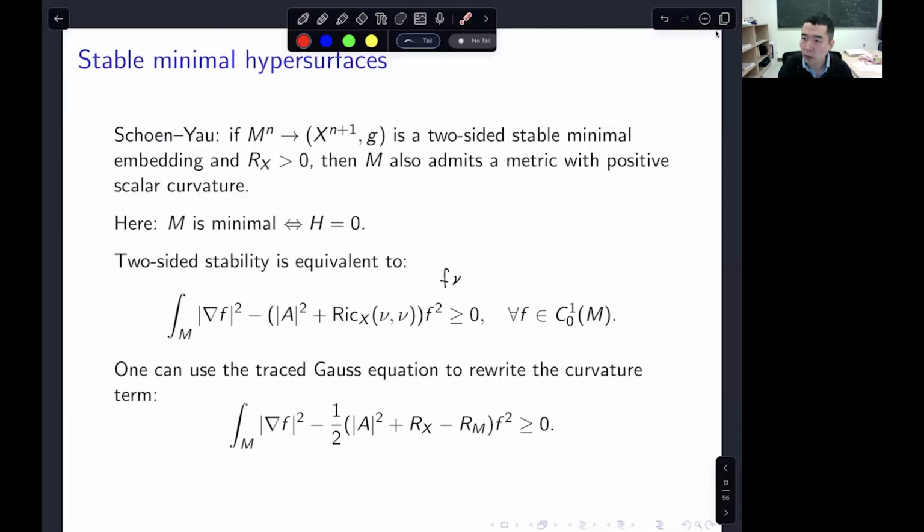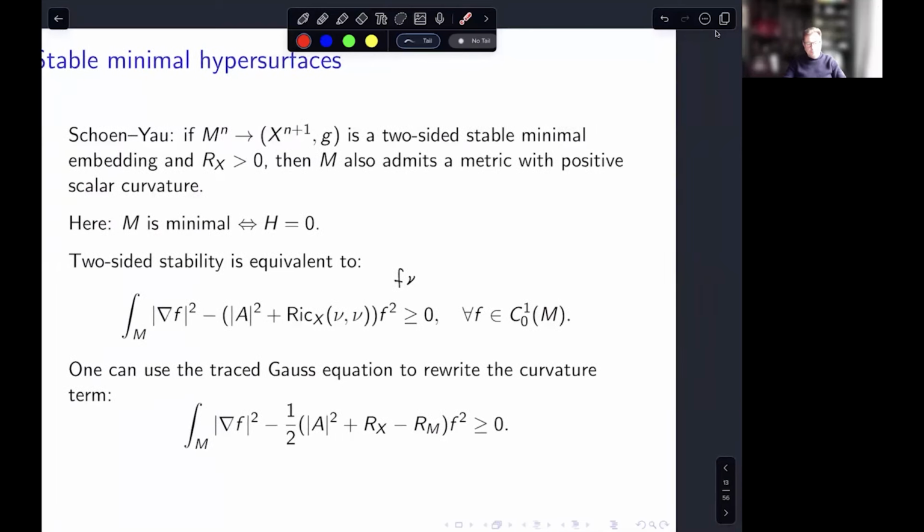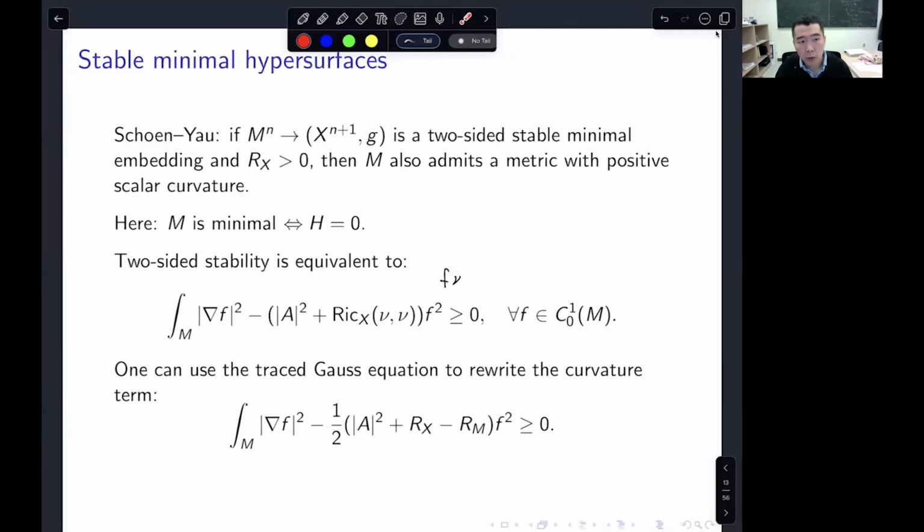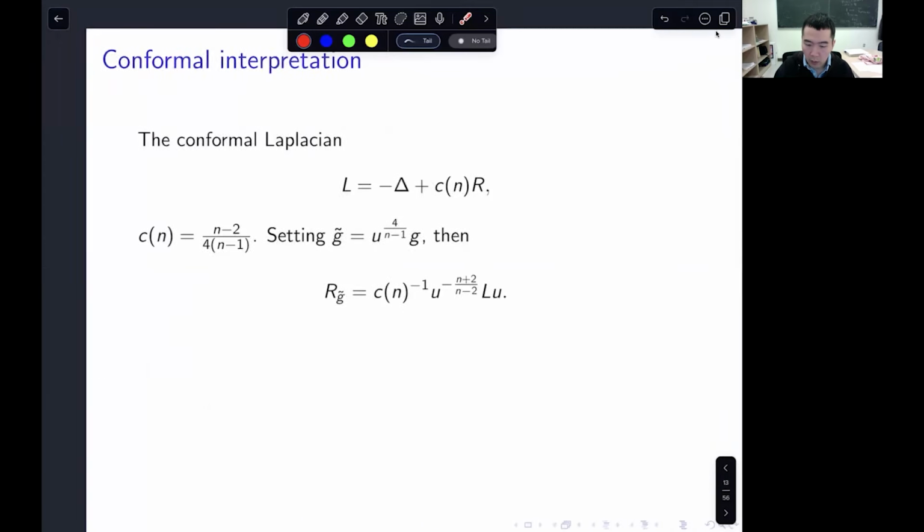In the double cover, the one-sided stability tells you that you still have this condition, but for functions f invariant under that transformation. So it's a less powerful condition. That's really a big problem for some further applications, because the next step, as we will see, will break down in the one-sided case.